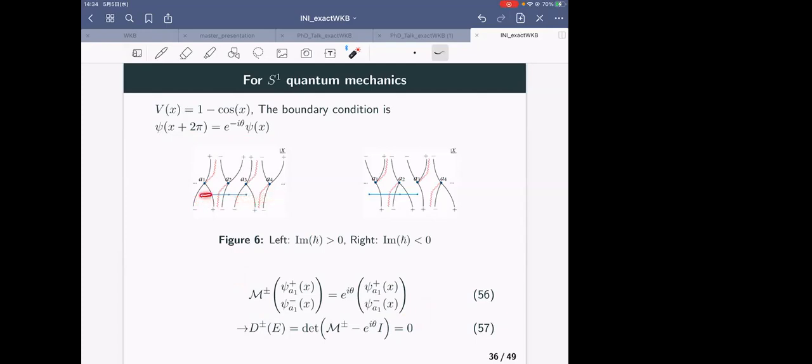So analytic continuation of the wave function gives this monodromy matrix, but after the analytic continuation, the wave function obtains this phase factor. Therefore, this equation is nothing but the eigenvalue equation of the monodromy matrix M. To satisfy this condition, we have to impose this condition. Actually, this gives the exact quantization condition in this case.